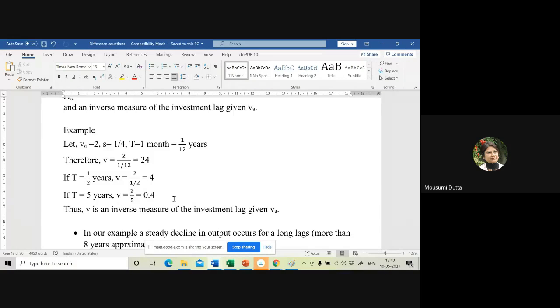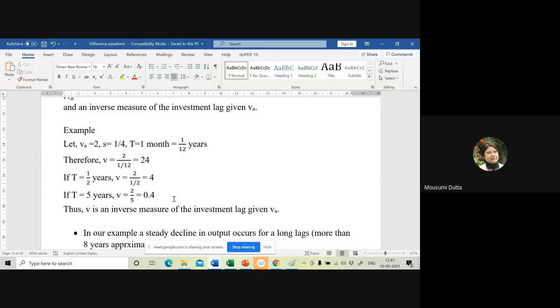So if we consider the capital output ratio lies generally between 2 to 4, the value of V will depend on the length of the lag. If we consider a very wide time horizon as the gestation period, in that case the value of V will ultimately be small, and there is a possibility that it will be less than 1, which indicates convergence.